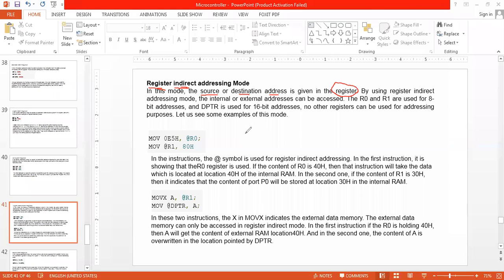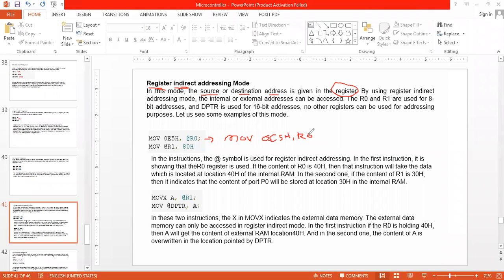for this instruction, for example, MOV 0E5H, comma, and instead of @R0 I will just write R0 here.